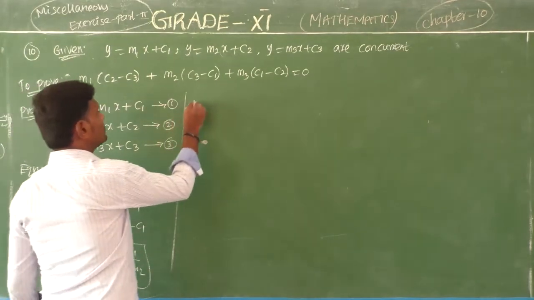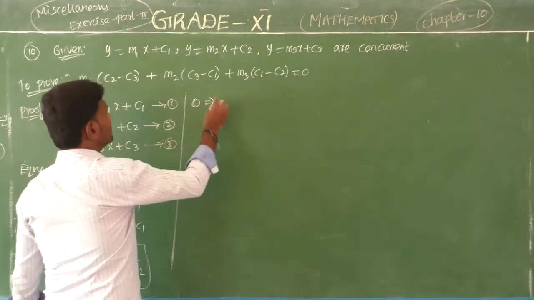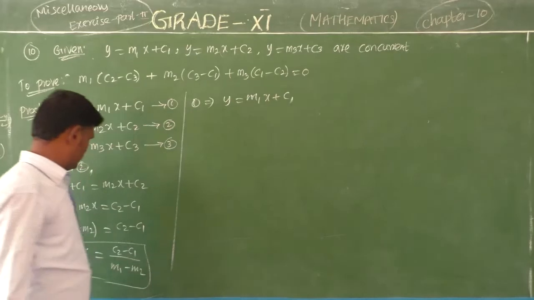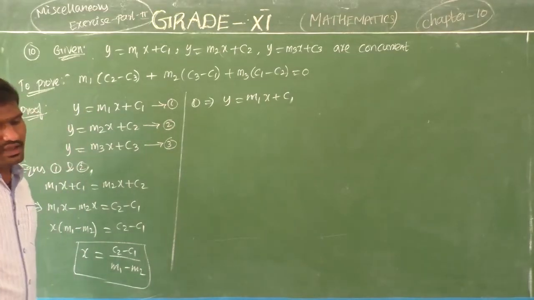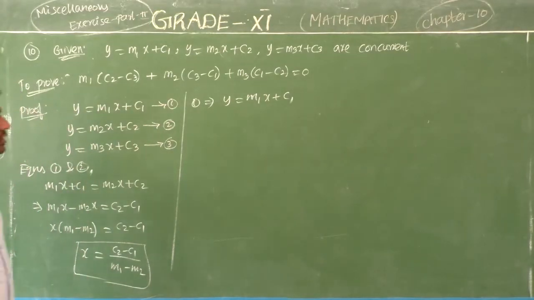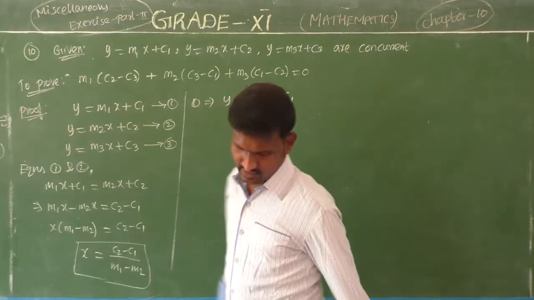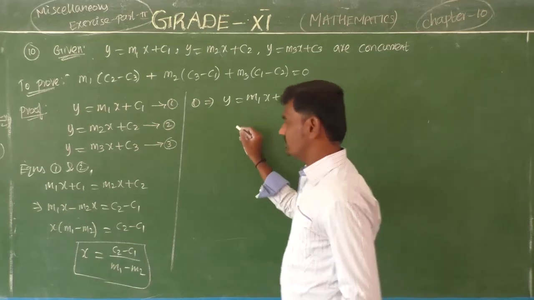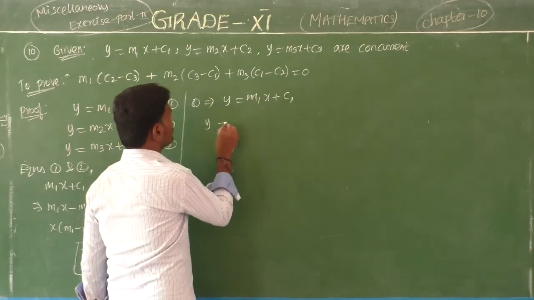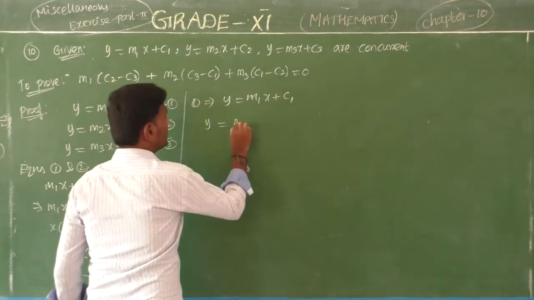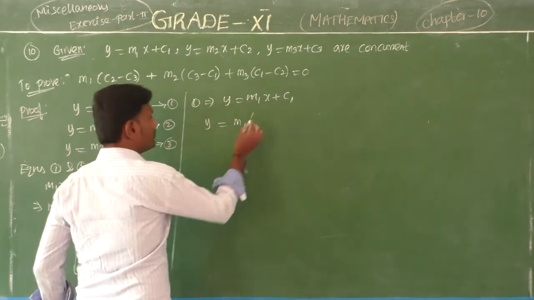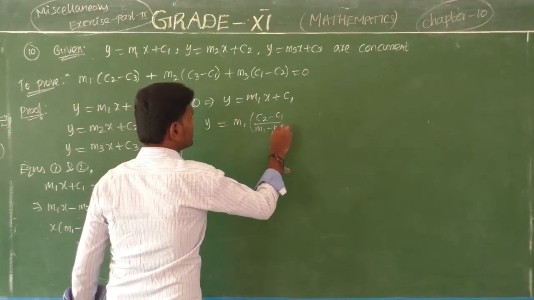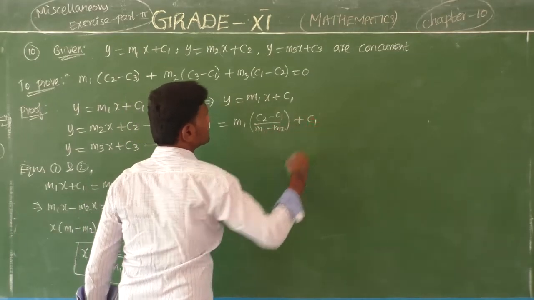So I'm taking equation number 1 itself, that is y equal to m1x plus c1. Now I have the value of x, which is c2 minus c1 by m1 minus m2. So y equals m1 into x, the value of x is c2 minus c1 by m1 minus m2, plus c1.